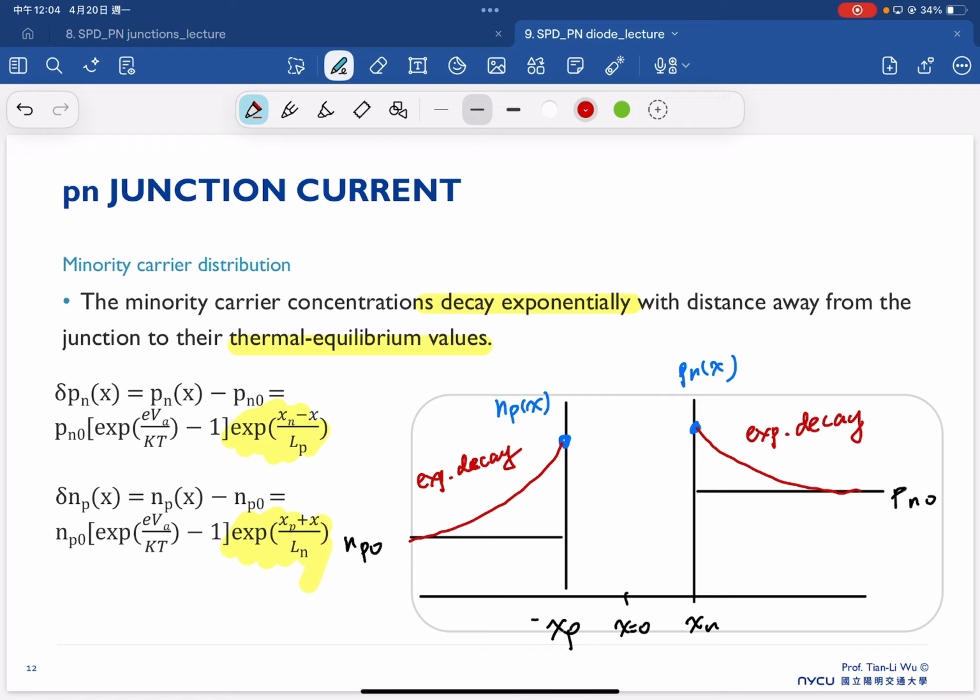And then for this excess delta Pnx, delta Npx, sorry. This should be the delta Npx.